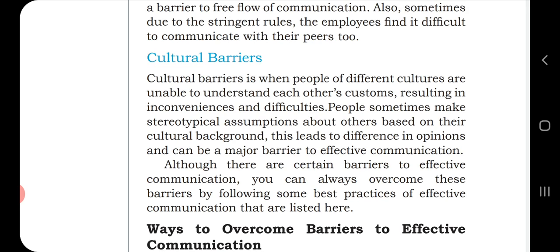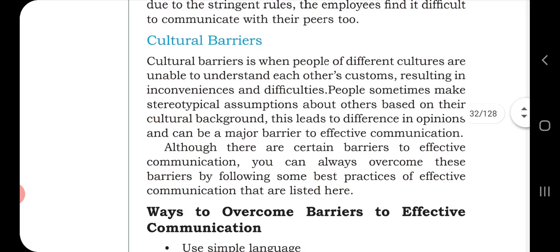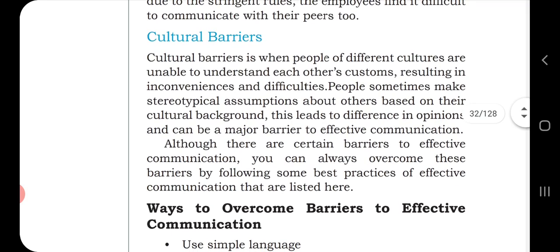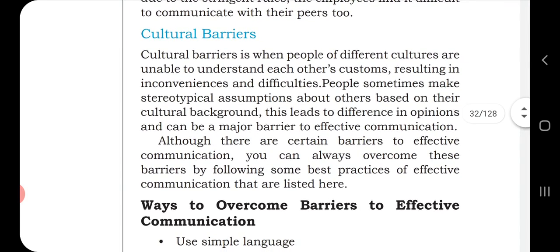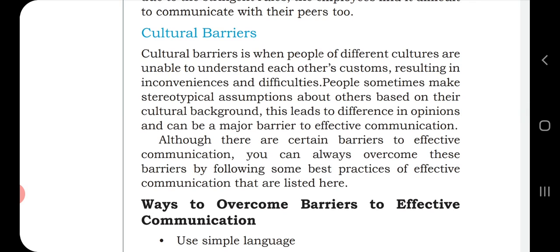So people sometimes make stereotypical assumptions about others based on their cultural background. This leads to difference in opinions and can be a major barrier to effective communication. I'll give a very simple example of how people sometimes make stereotypical assumptions. Now what is stereotypical?